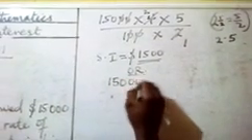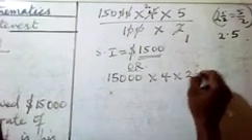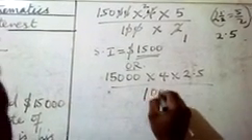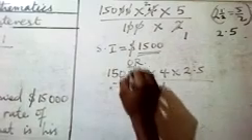So let's work it in decimal now. That is $15,000 times 4 times 2.5, okay, over 100. Yeah, 0 will eliminate 0, 0 will eliminate 0.